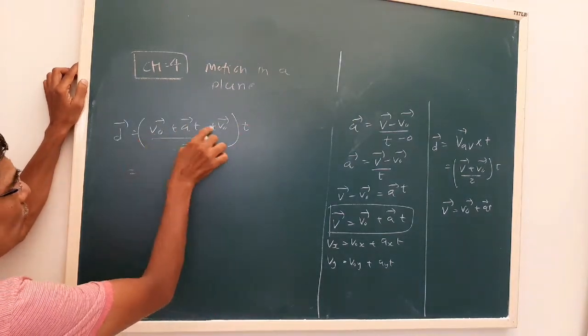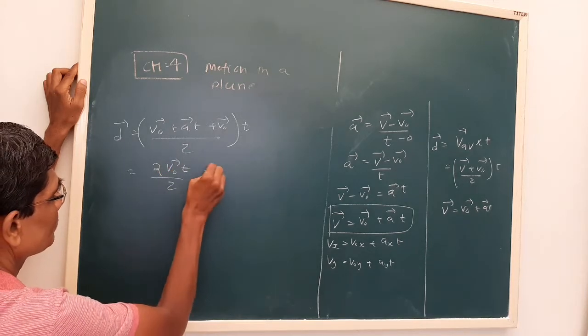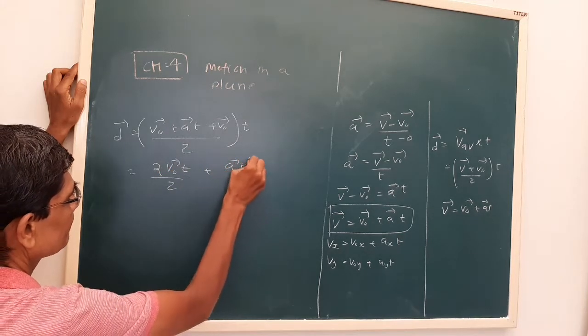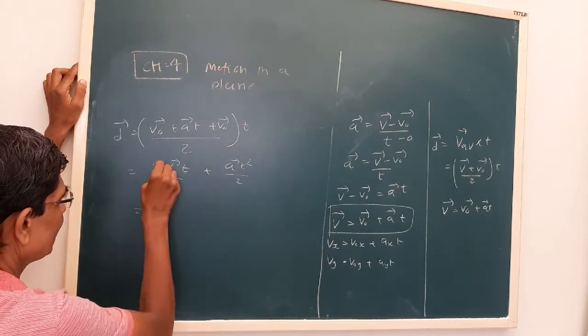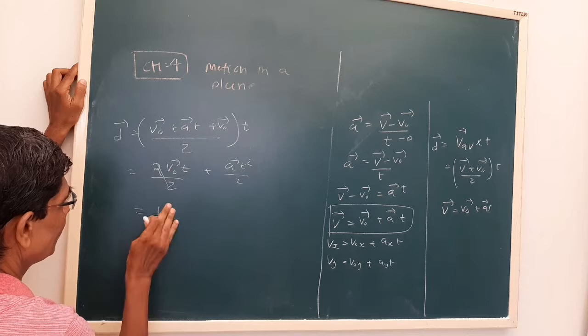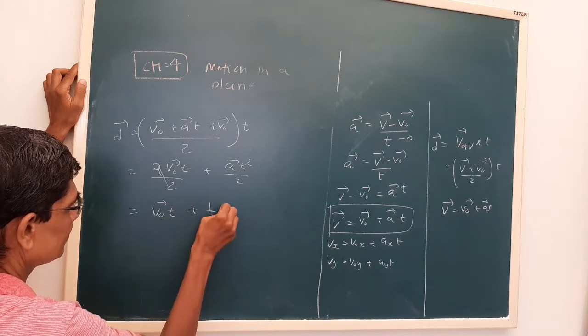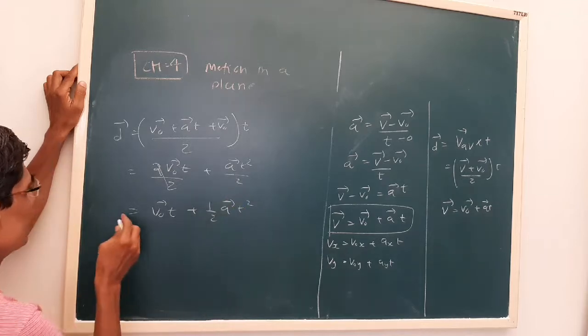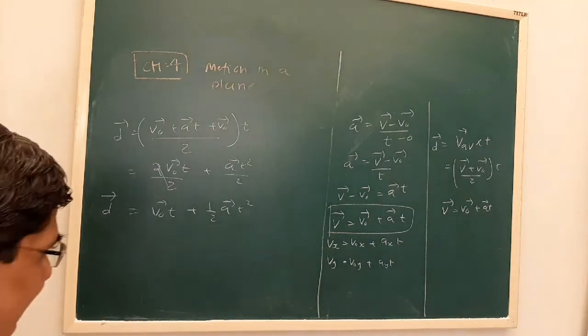Now 2v0 t by 2, plus at square by 2, that will make 1 by 2 at square. That will make v0 t plus 1 by 2 at square. Now this is nothing but our displacement vector.